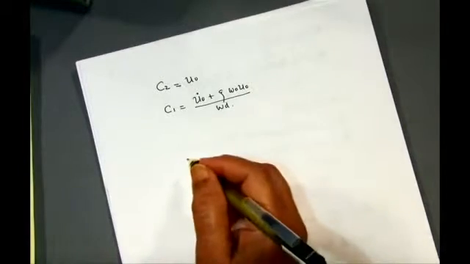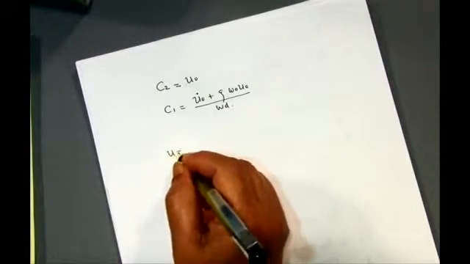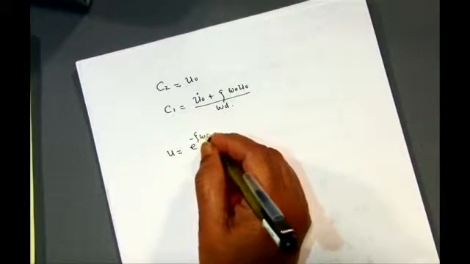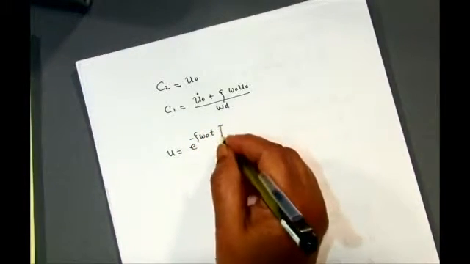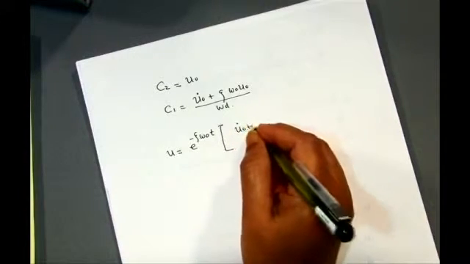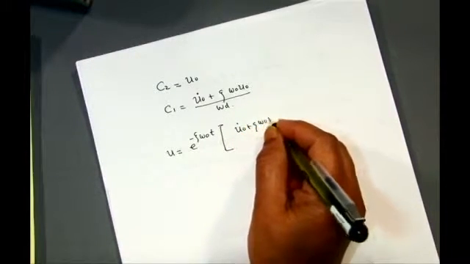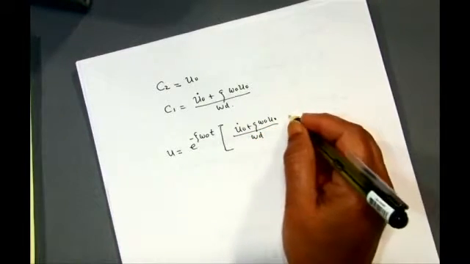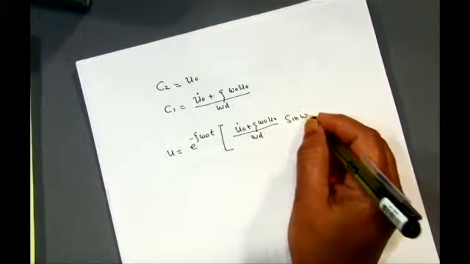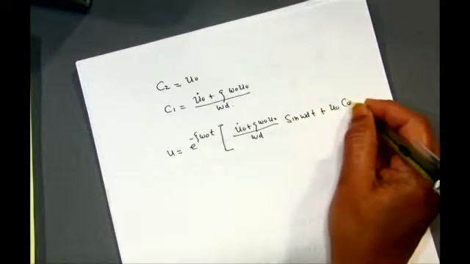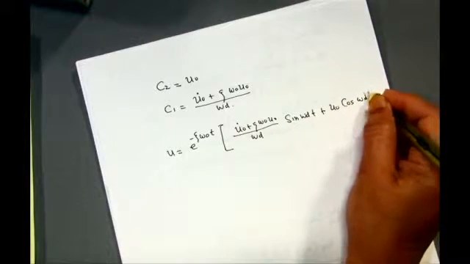Now, we know the value of these two variables. So, we can write the total response, which will be e to the power minus zeta omega 0 t, and inside we have u0 dot plus zeta omega 0 u0 divided by omega d times sine of omega d t, plus u0 cosine of omega d t.